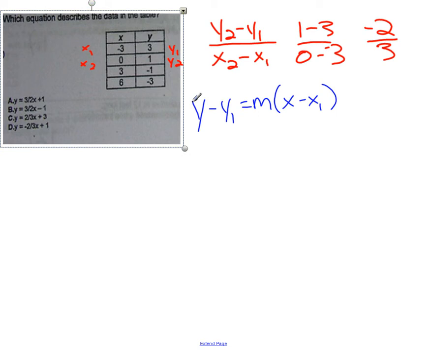All right, so we substitute in. Actually, we need to pick a point here. What would be an easy point to use? 0, 1. So we can replace x1 with 0. Because that was the x value we just chose. What can we replace y1 with? 1. What can we replace m with? Negative 2/3.